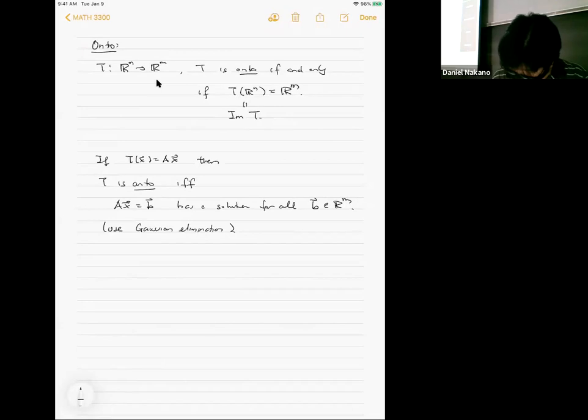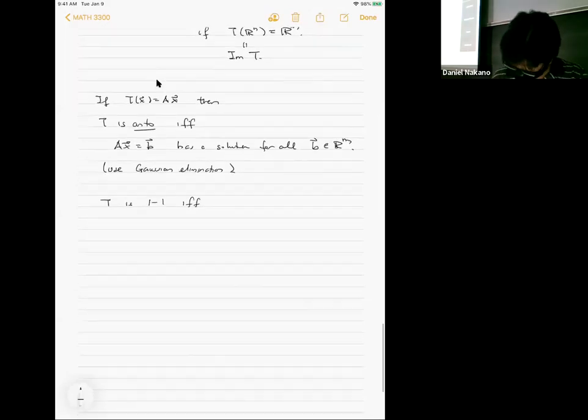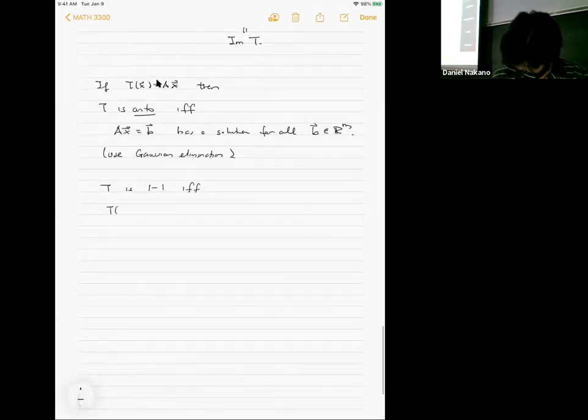And then we showed earlier that T is 1-to-1 if and only if Tx equals 0 implies that x is equal to 0. So this is equivalent to: if Ax equals 0, this implies that x equals 0.